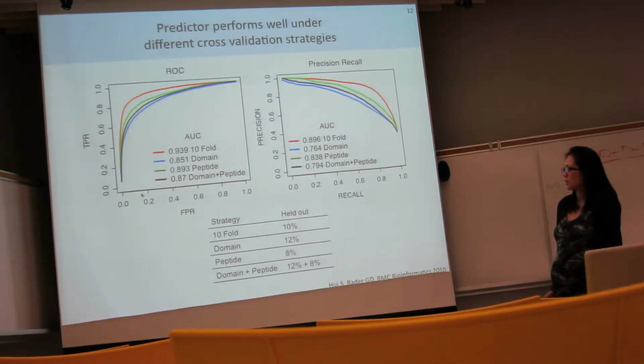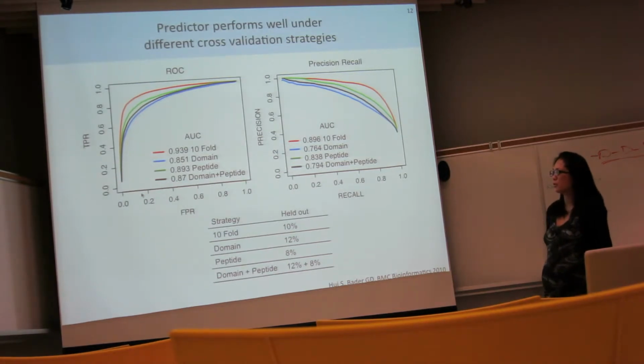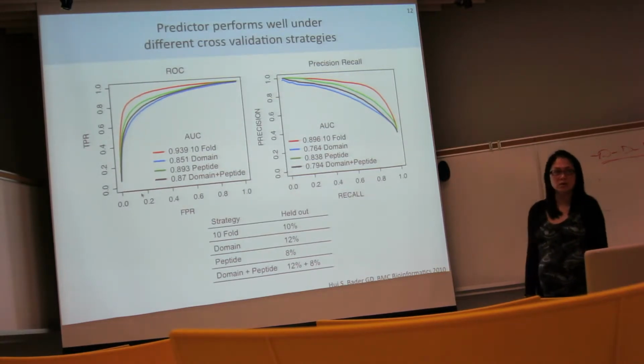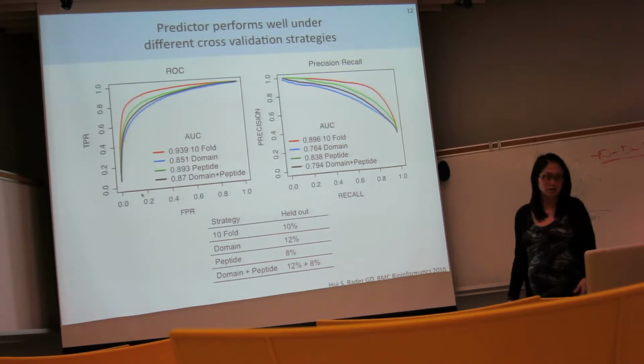One thing we did notice was that the strategies that involve holding out subsets of domains had slightly lower performance scores than the other strategies. And so this suggested that maybe the predictor performance depends on how similar the testing domains are to the ones in the training set.